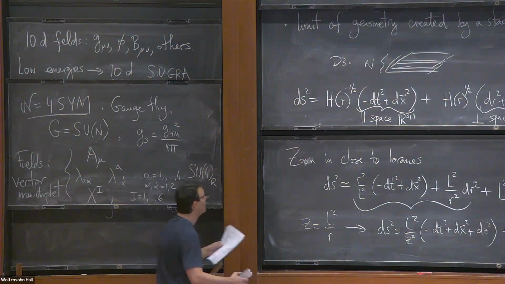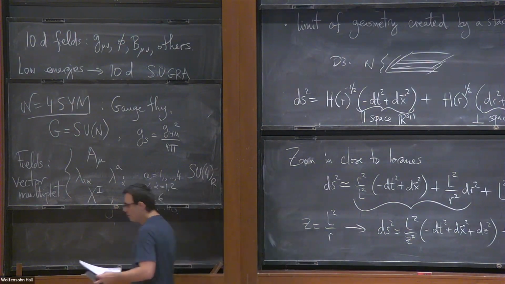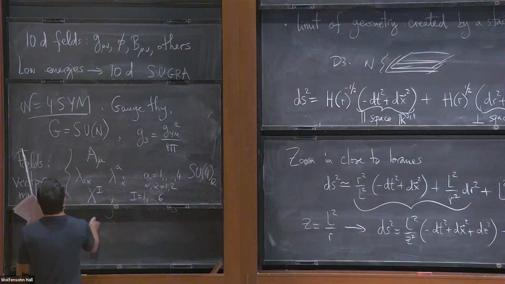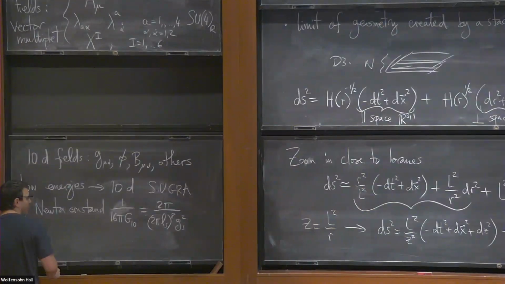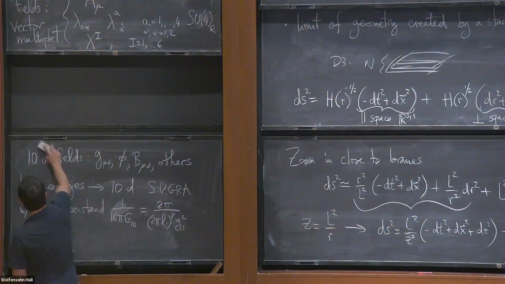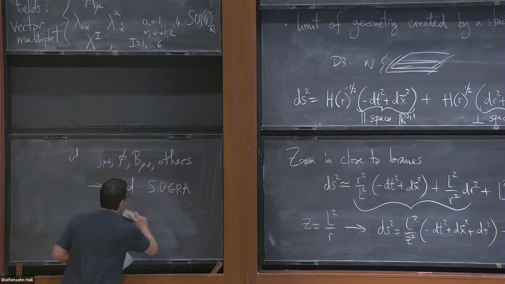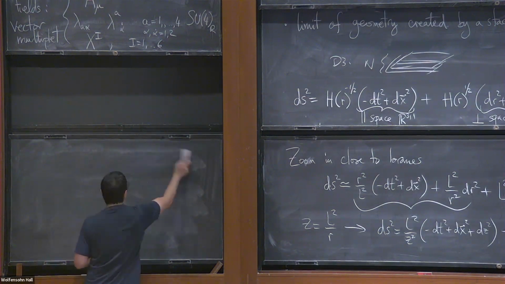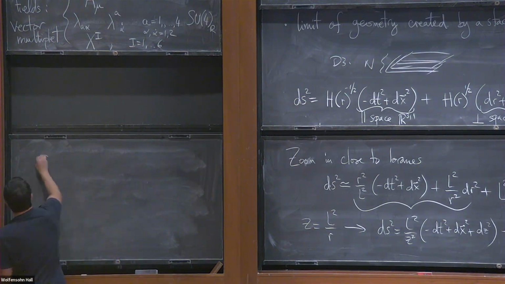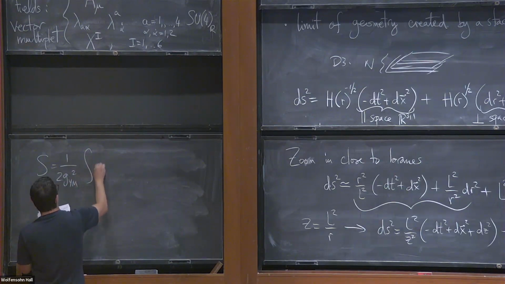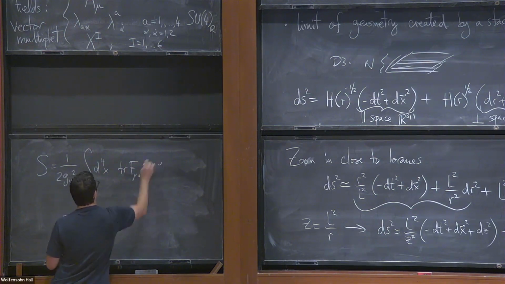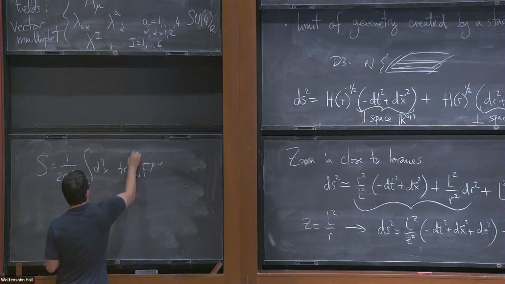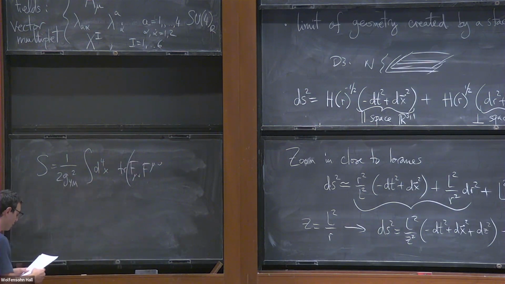And let me write it down. So the action is 1 over 2 g_YM squared, integral d^4x, trace of F_mu nu F^mu nu. And then there's other things involving these other fields, the scalars and the fermions.